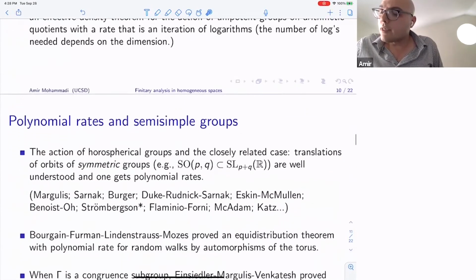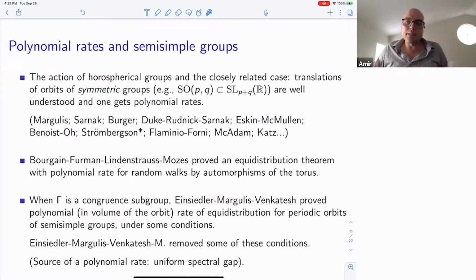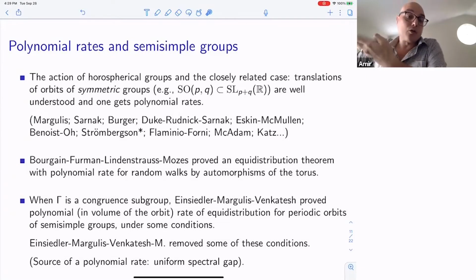What is known in terms of polynomial rates? Not much. Or rather, the short answer was essentially nothing beyond two very important examples up to a year ago. There's one case that is rather well understood, and this is the action of horospherical groups that I mentioned.